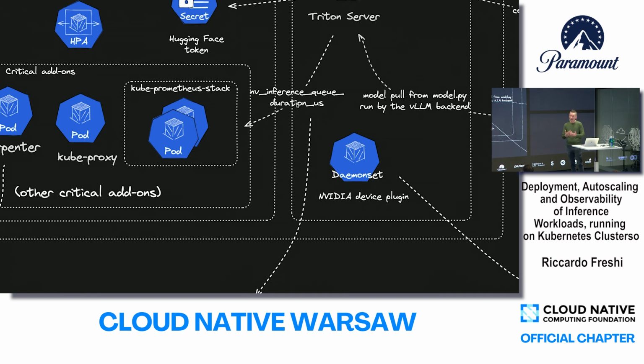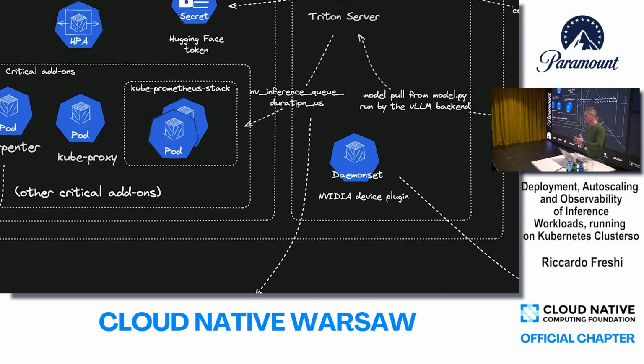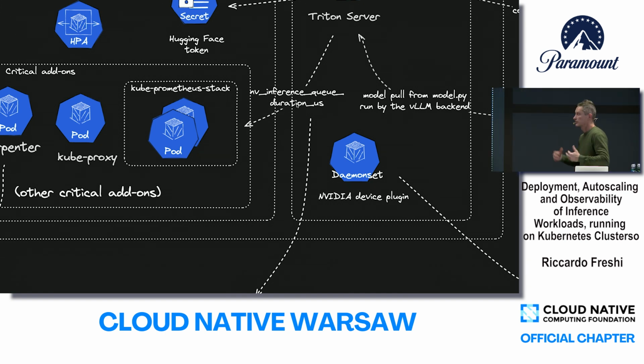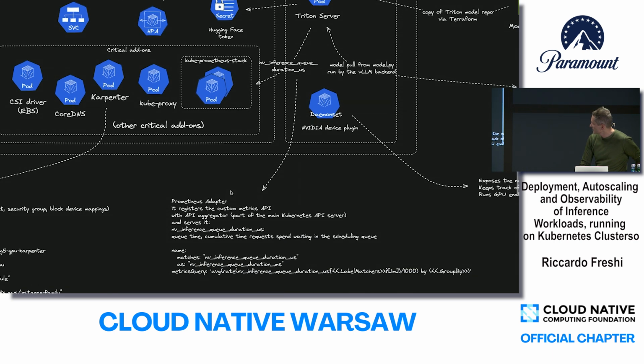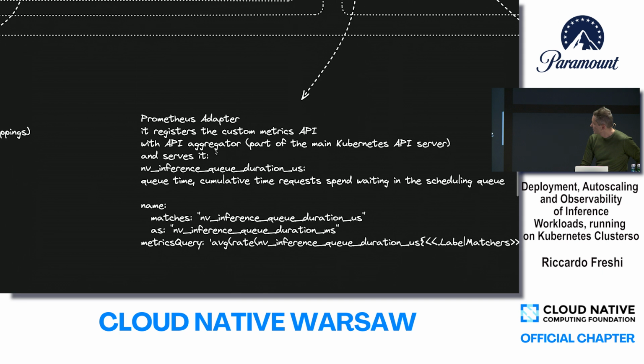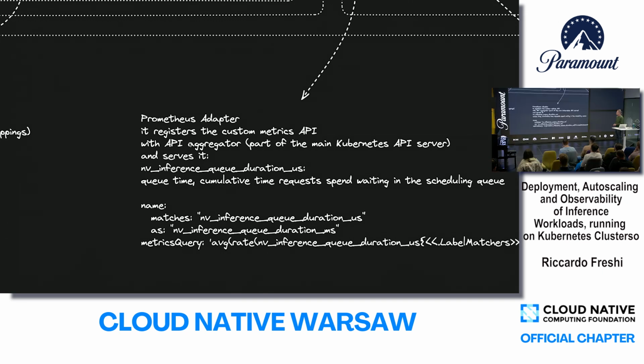This is a good parameter to pick when we want to scale out, because reasonably, if we have a large number of requests queued before the inference, it means that there is some kind of bottleneck, spike, whatever. And this is actually the metric that is picked up by the Prometheus adapter, which registers the custom metric with the API aggregator, which is used by HPA, the horizontal pod autoscaler.